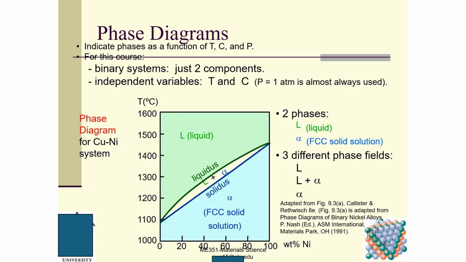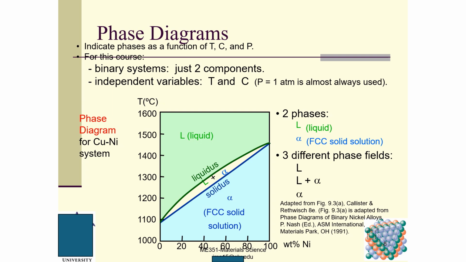For pressure, we use one atmosphere, which is the air pressure. So P equals 1 atm.